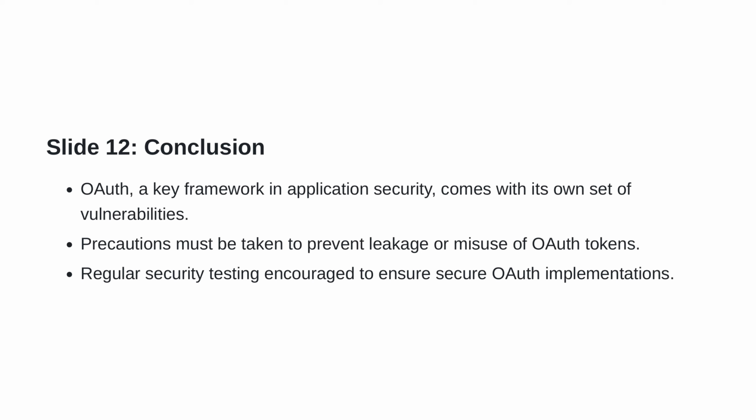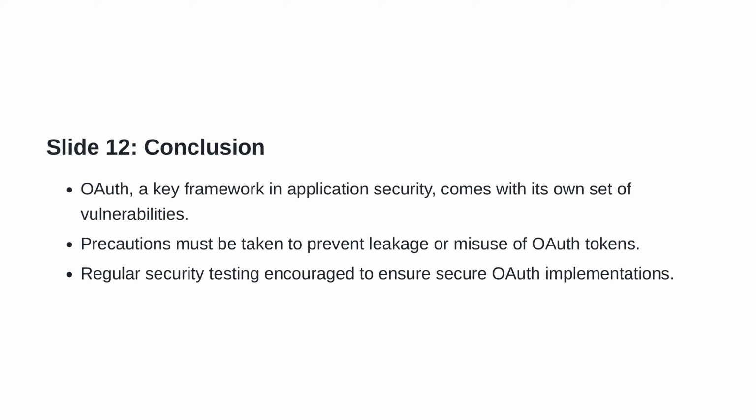So what's the best way to prevent any such issues? Regular and diligent security testing is highly recommended. This serves to ensure that our OAuth implementations remain secure. Regular auditing can help identify any potential weaknesses in the system and help developers rectify them before they result in substantial issues.